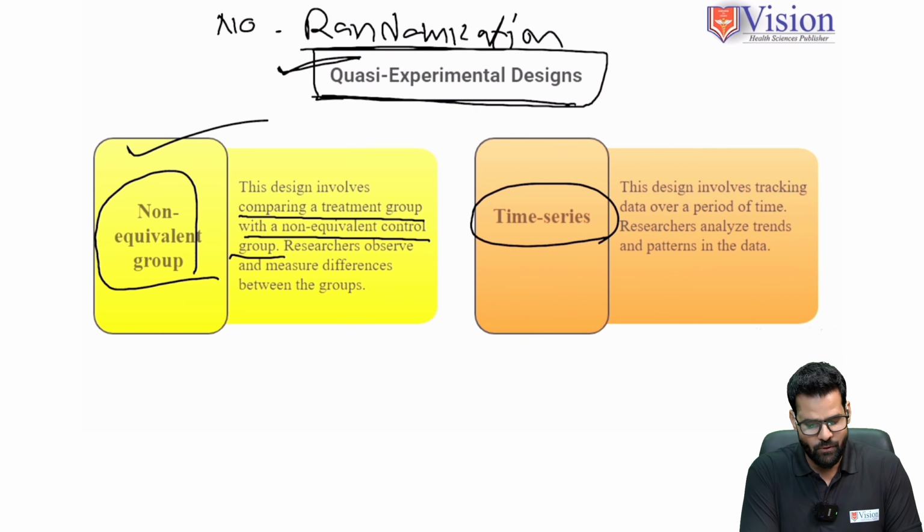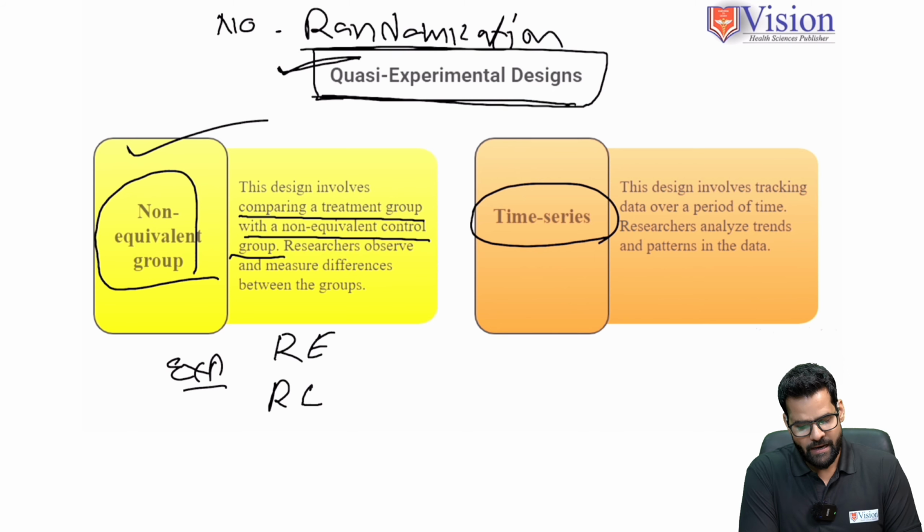Usually, if you look at the layout in any experimental design, the layout would be randomization, then experimental group, randomization and control group. Then there will be a treatment, no treatment, and there is a comparison, or what we say test. This is the general layout, and we compare.